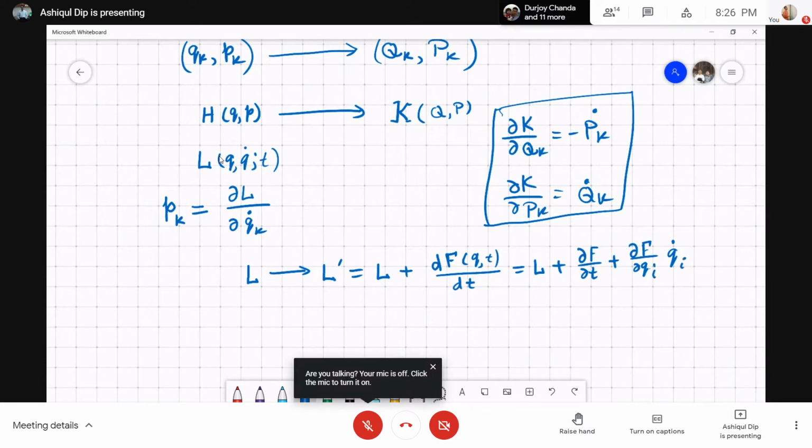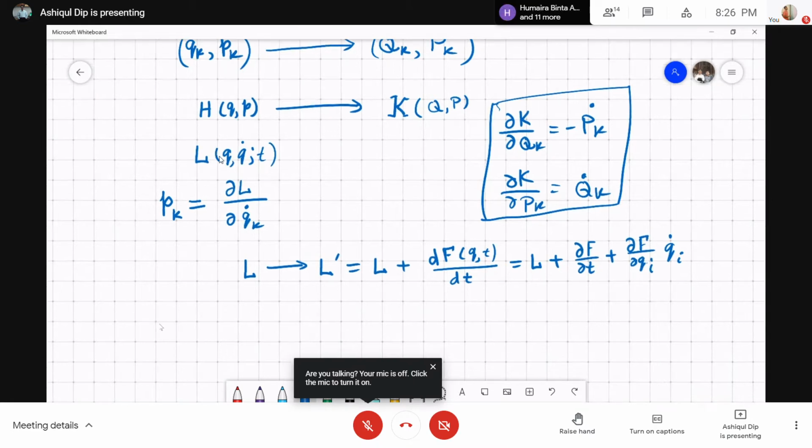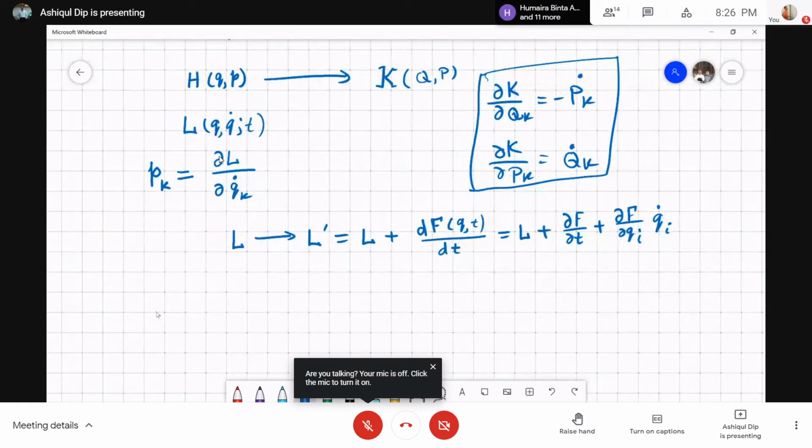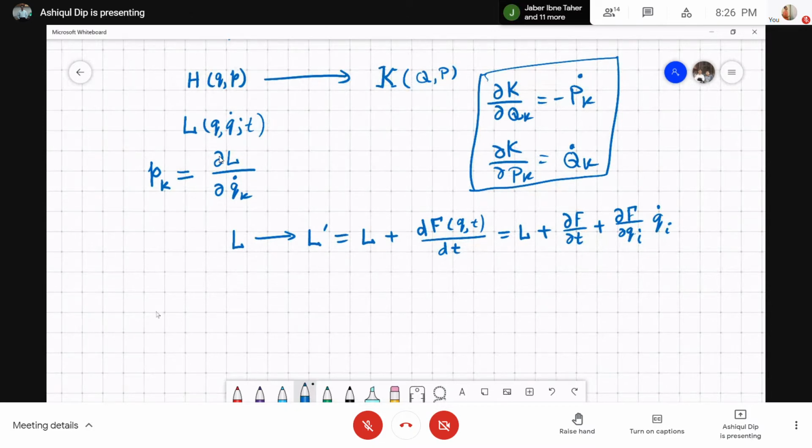So what happens to our momenta when we make this kind of change? Our momenta pk prime would be delta L prime over delta qk dot. That would be just delta L by delta qk dot, plus the derivative of f with respect to qk dot. The first part of f vanishes, but this term has qi dot inside of it, so that part gives us delta f over delta qk.